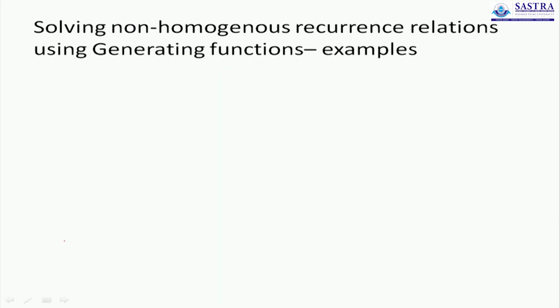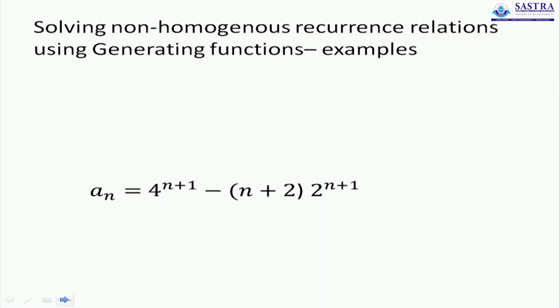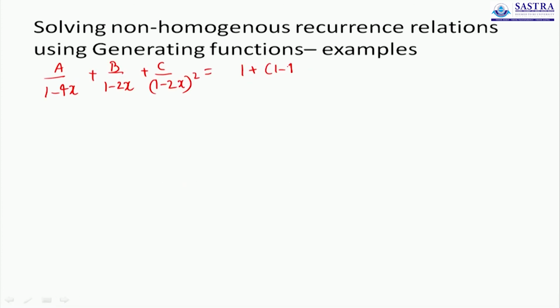I will solve this. So therefore we have a upon 1 minus 4x plus b upon 1 minus 2x plus c upon 1 minus 2x whole square, giving us 1 plus 1 minus 4x the whole square upon the same LCM.